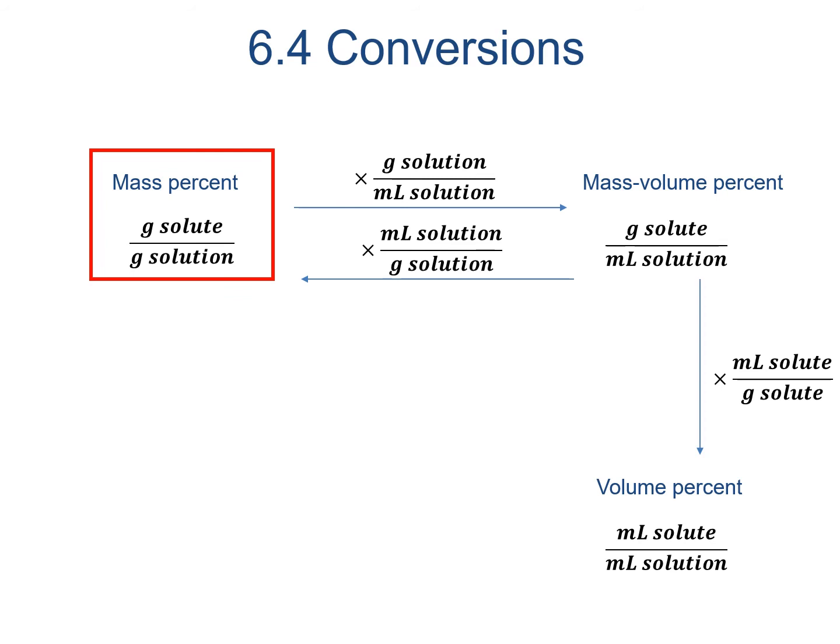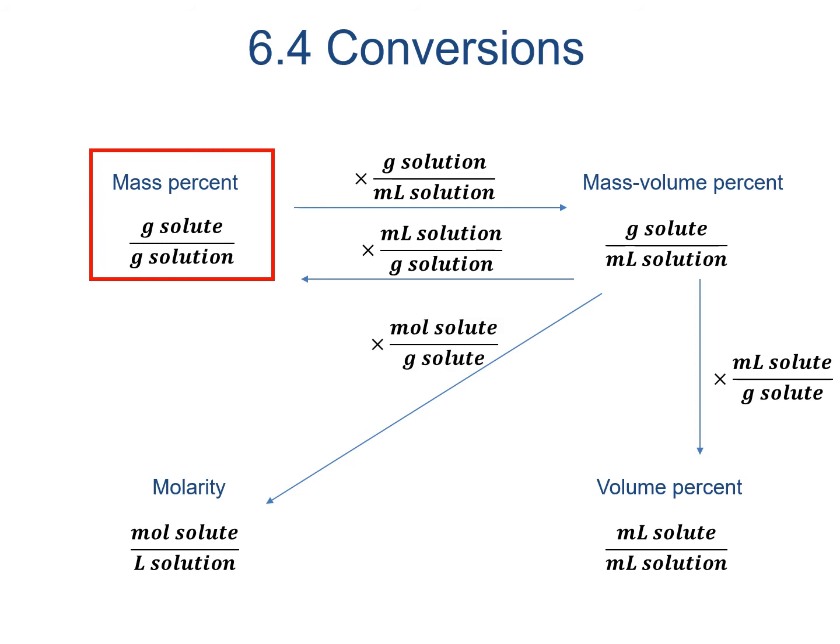If we want to now go from mass percent to molarity, that also involves going through volume percent. The top needs to be converted between grams and moles of solute in this instance, which is essentially dividing by the molecular weight of the solute, and then converting the milliliters to liters, which is a simple metric conversion. Of course, every one of these steps can be reversed.